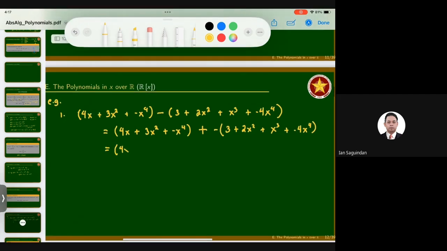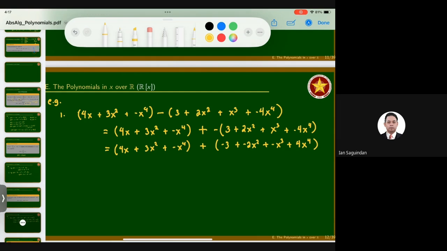So 4x plus 3x squared plus the negative x to the fourth plus, then you introduce the negative of the polynomial. So we have the negative of 3 plus the negative of 2x squared plus the negative of x cubed plus the negative of 4x to the fourth.